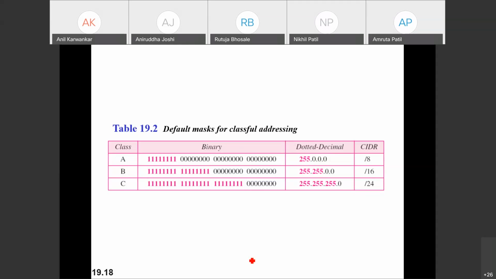This is due to address depletion. The concept of address depletion gave rise to the demolition of the classful addressing scheme, and to the classless type of addressing scheme.